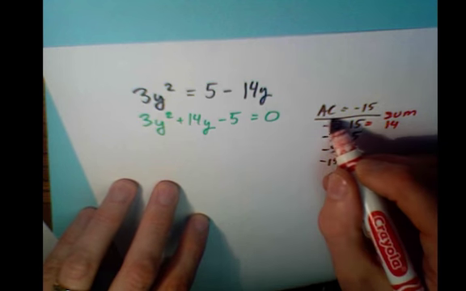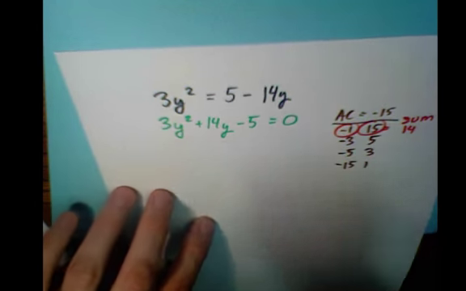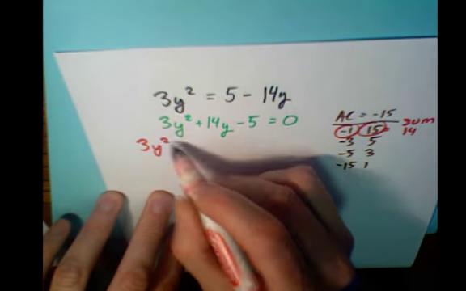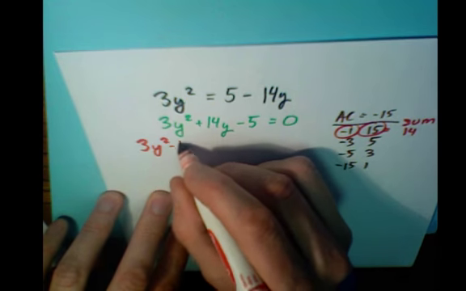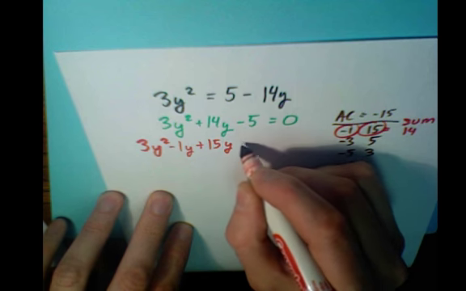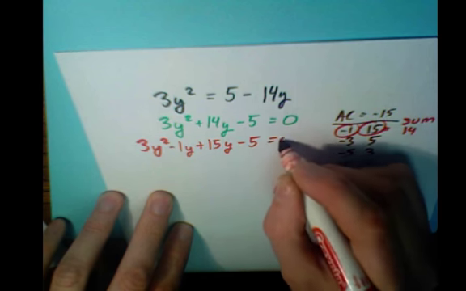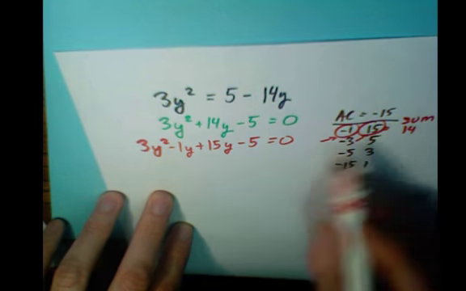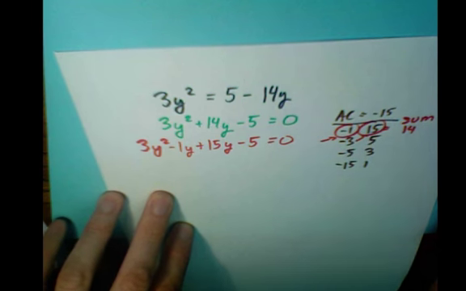So this is really the one we want. So we're going to break up this using the AC method. 3y squared minus 1y plus 15y minus 5 equals 0. Again, we got the minus 1 from here and the positive 15 from there as well.